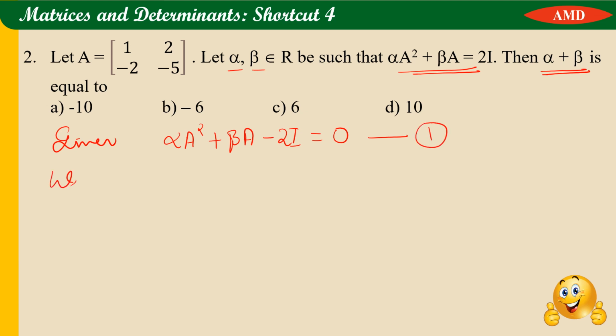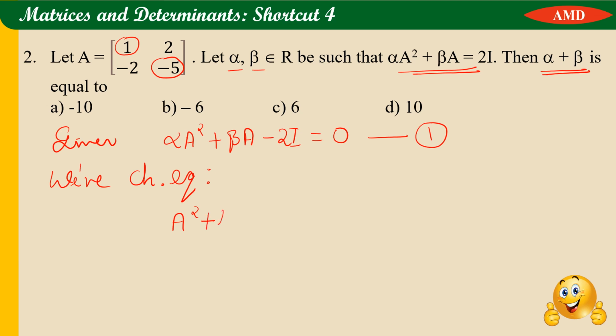Further, we have the characteristic equation of A given as A square minus the trace of A. Here the trace is nothing but the sum of the diagonal elements, supposed to be equal to minus 4.